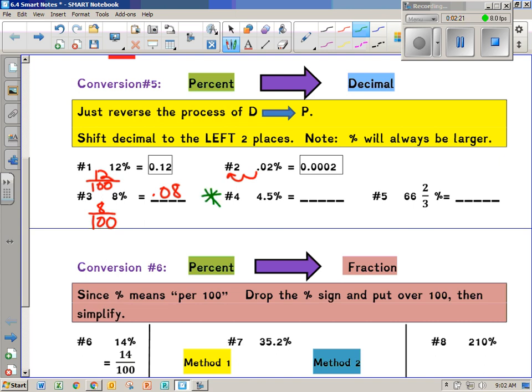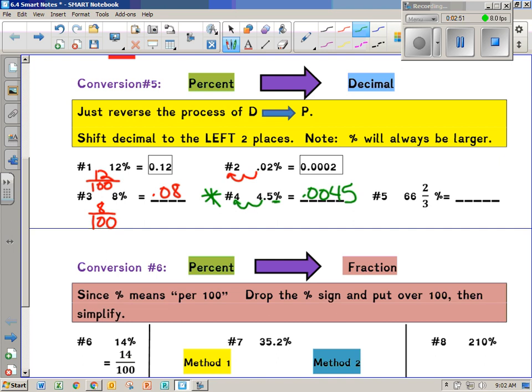This is the kind right here you might struggle with. It always throws students off. They want to say, but this is already a decimal. Well, no, it's not. It's a percentage, because when you see the percent sign with it, you have a percentage. So you want to convert that to just a plain old number with no percent sign anymore. So you would shift it 2 places to the left, and that would give you 0.0045.